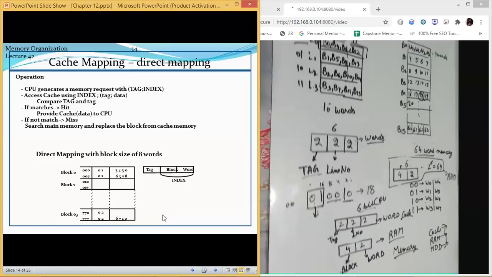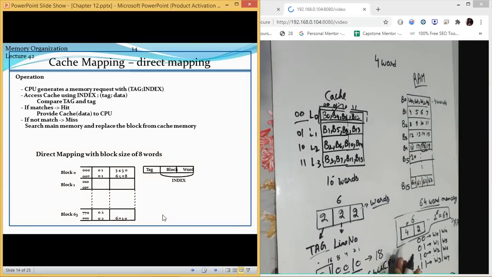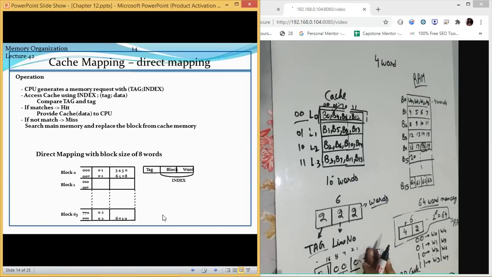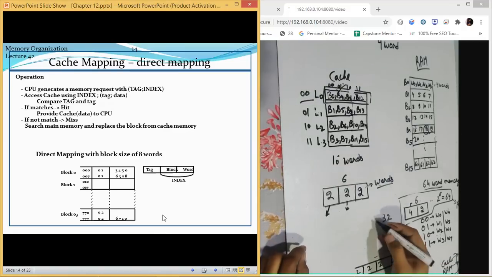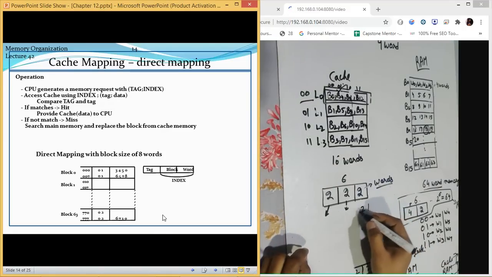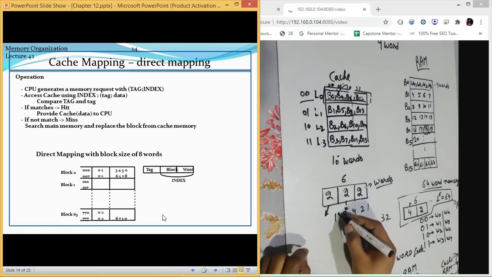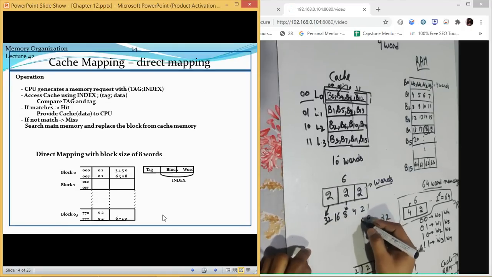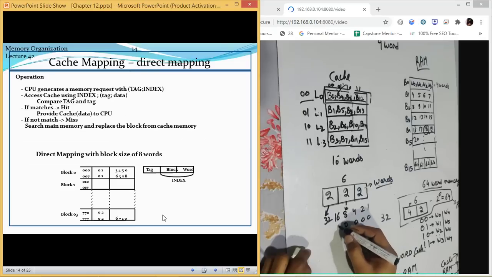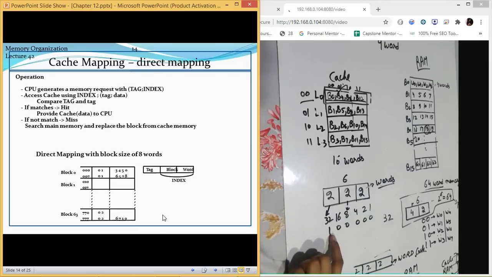Now let us take another example. If we want to look up a certain data, like if the address generated is 32, let us take this example. So it will be 0. This will be the address.